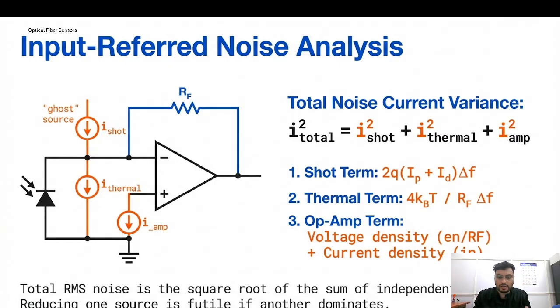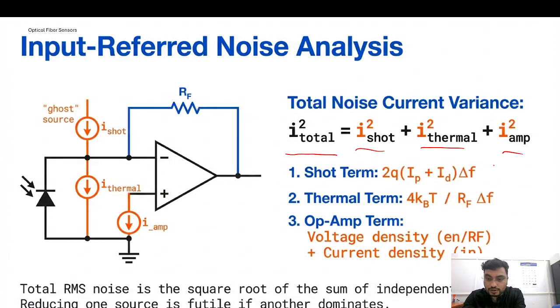You can see here all the noises in the current, which are shot noise, thermal noise, and amplifier noise. The sum of these will be the total noise current variance.